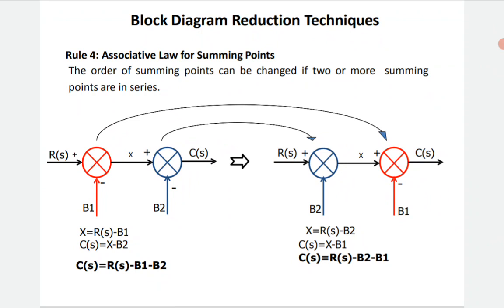That X is fed to the red color summing point, and the externally applied input signal B1 is applied with its negative gain. So C of S is equal to R of S minus B2 minus B1. Both results are the same. That is a way to represent the associative law for summing points. That means we are shifting summing points one after another, by which the actual results should not be disturbed.